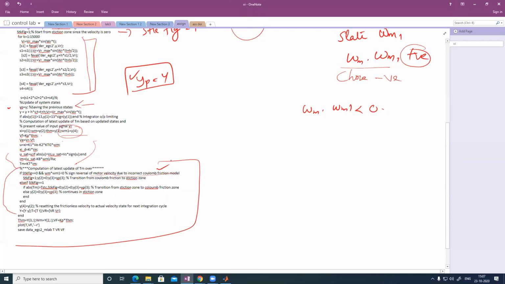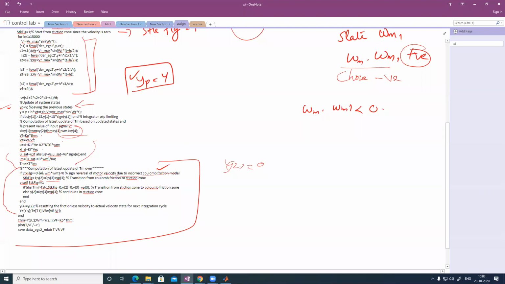So you have to change that. You have to make the stick flag 1, and y of 2 make 0, and y of 3 make y of p of 3, that is the earlier value you have to choose. This is y of p, and this y2 you have to make 0, and y3 you have to make yp of 3. That is the earlier value you have to choose.